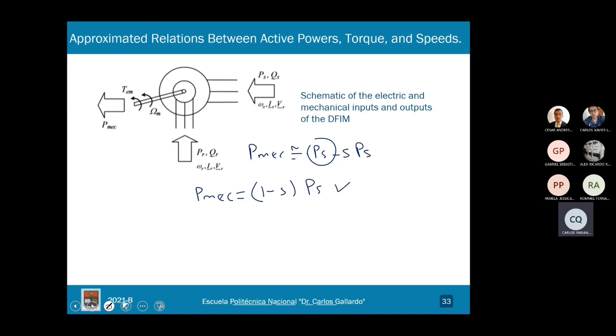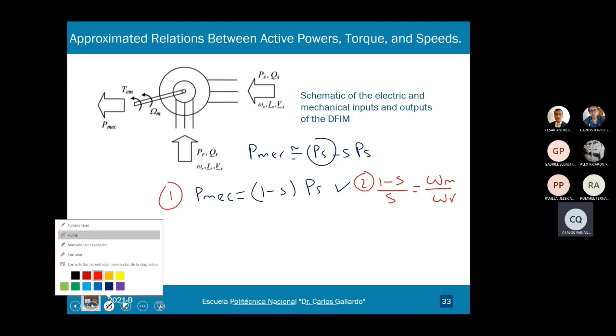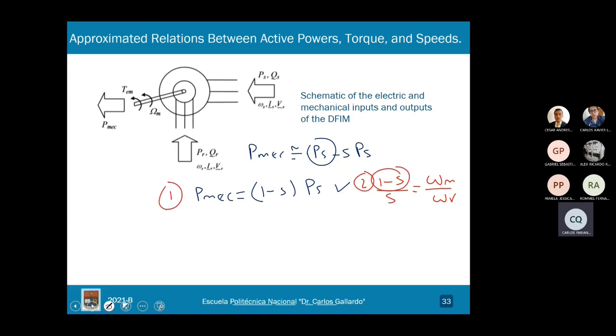From the previous class, we demonstrated that 1 minus the slip over the slip is the ratio between the mechanical speed over the rotor speed. So let's call this equation number 1 and this equation number 2. Isolating this term, the slip goes to the right side.